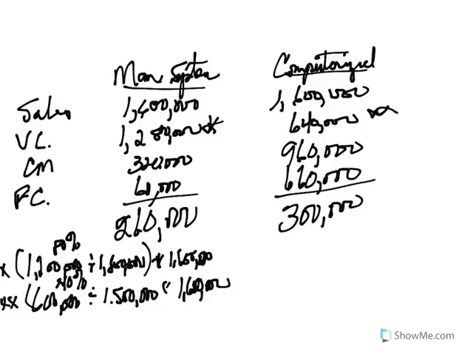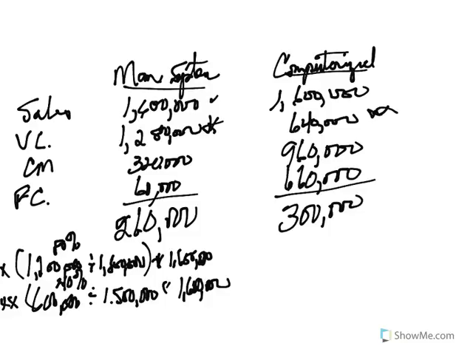In the CVP income statement for the manual system and computerized, if we increase sales by 100,000, sales goes to 1,600,000. The variable cost would increase as well, so we have to figure out the variable cost ratio. As it is now, it was 1,200,000 divided by the sales of 1,500,000, which is 80%. So 80% of 1,600,000 would be 1,280,000.